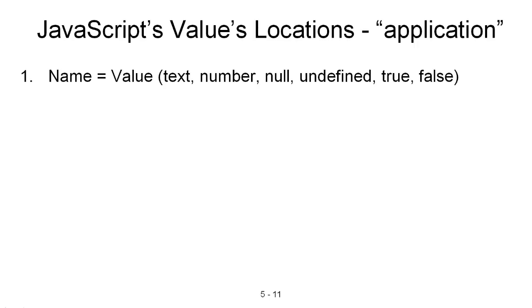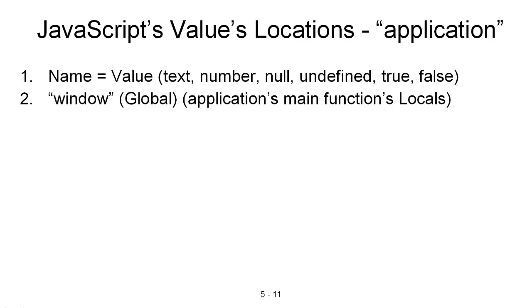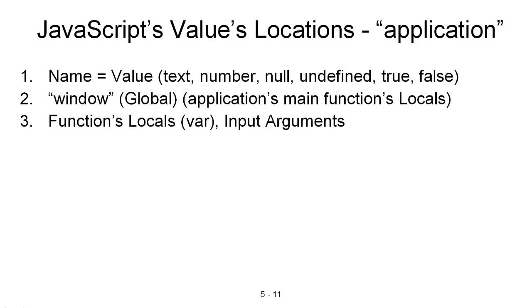So it's going to either be text, it's going to be a number, it's going to be null or undefined or true or false, and that's pretty much the capabilities of our compilers. And in JavaScript, we use a global variable called window, and it is basically the main function's local values.